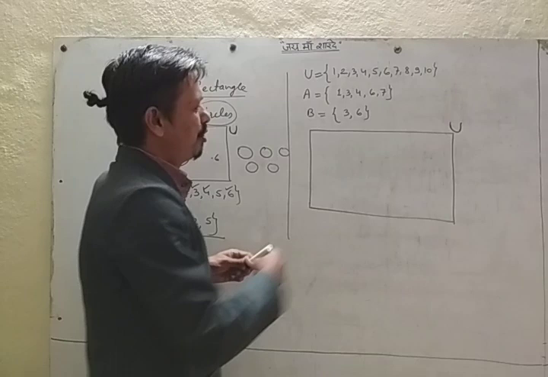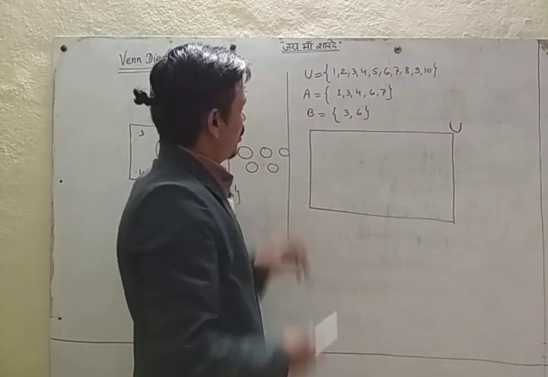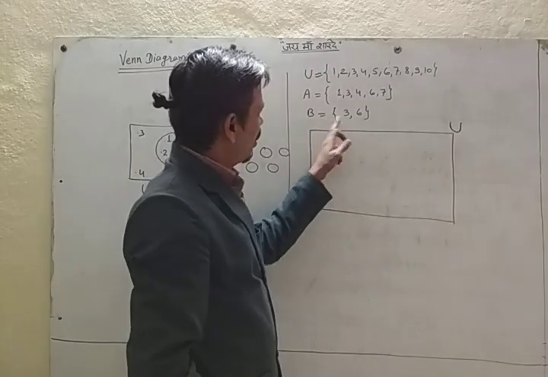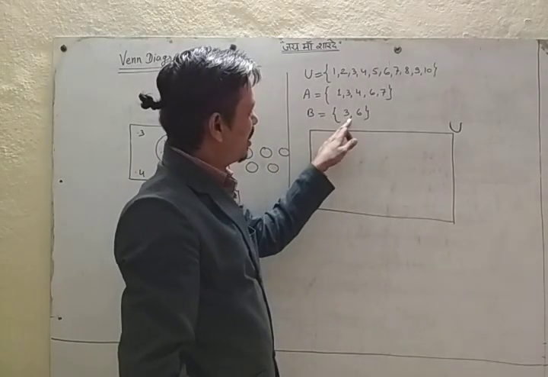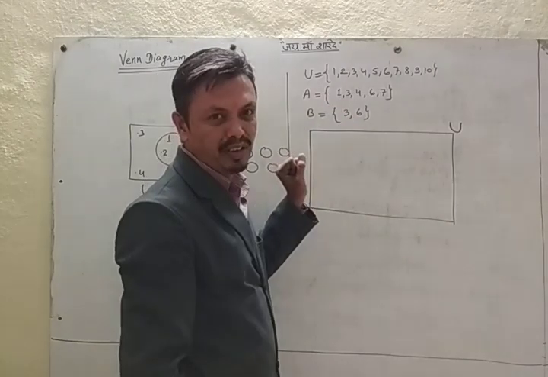Now inside this rectangle we write A and B. If you see here, the elements of B, है ना, this 3 and 6 are in A also.